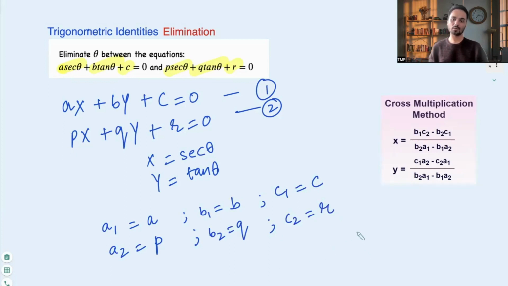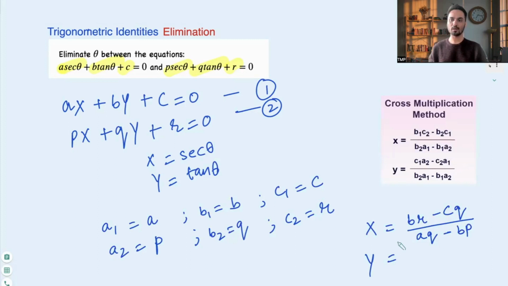Plugging in the values of a1, a2, b1, b2, c1, c2, we will get x as br minus cq over aq minus bp.